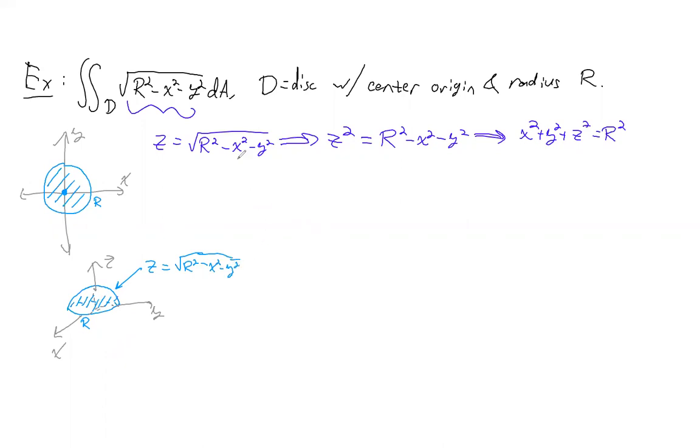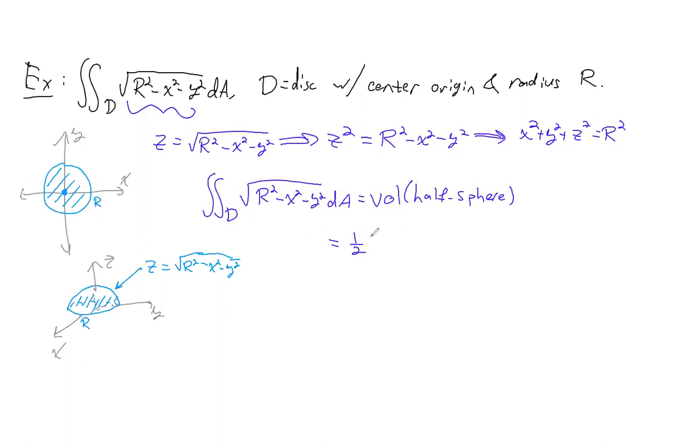So that integral that we're interested in, this double integral over D of r squared minus x squared minus y squared dA, that's just the volume of this half sphere.